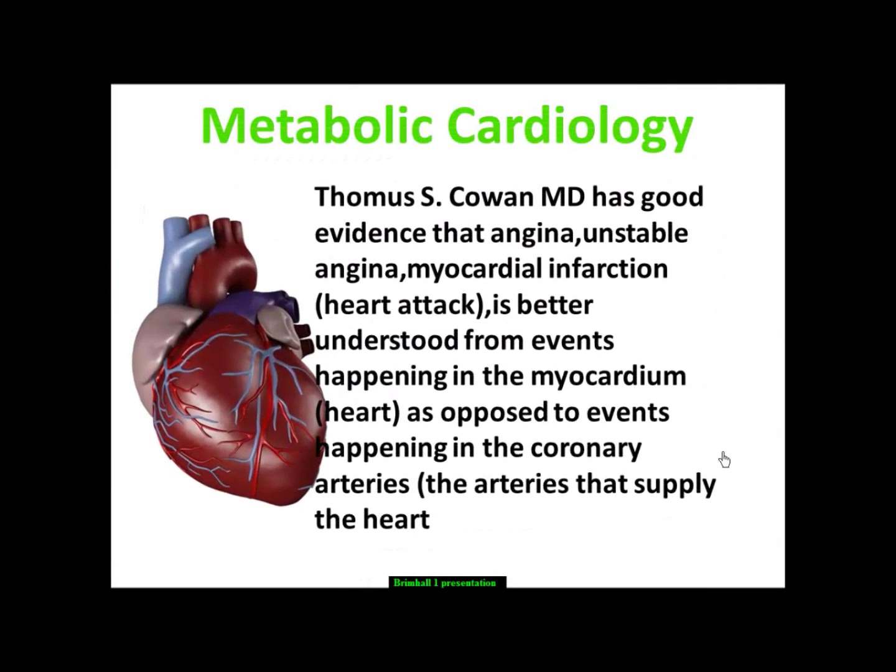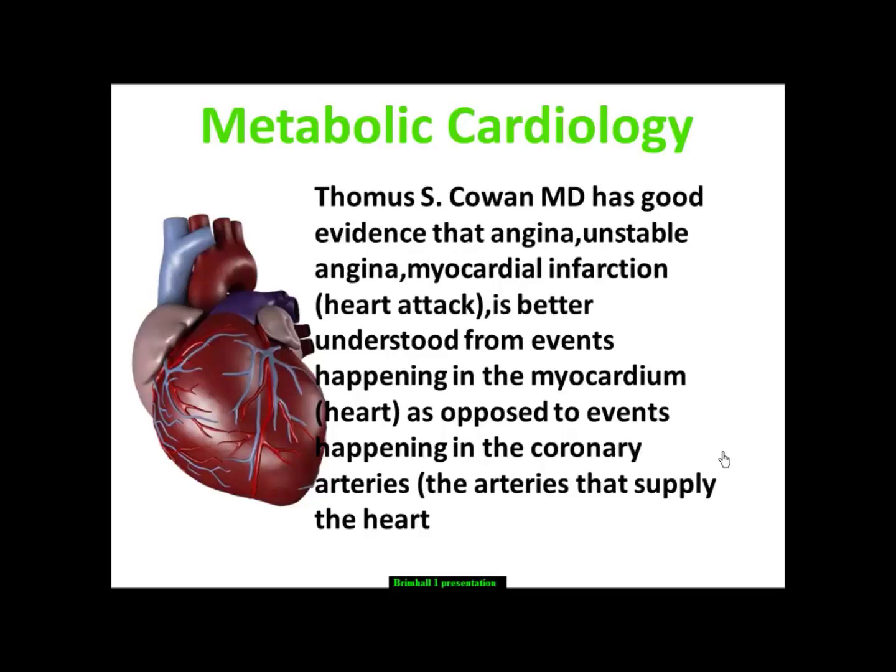The other big deal for having heart rate variability technology is the same thing. We want to increase parasympathetic nervous system activity and calm down the system. There's some evidence now that angina, unstable angina, and myocardial infarction, heart attack, are better understood from events happening in the heart muscle, the myocardium, as opposed to events in the coronary arteries, the arteries that supply the heart.